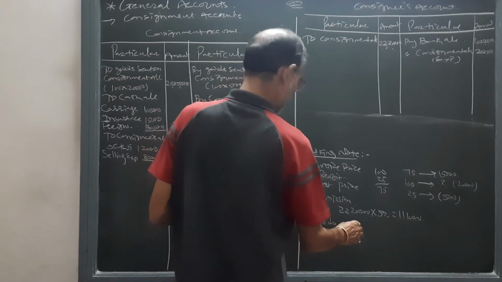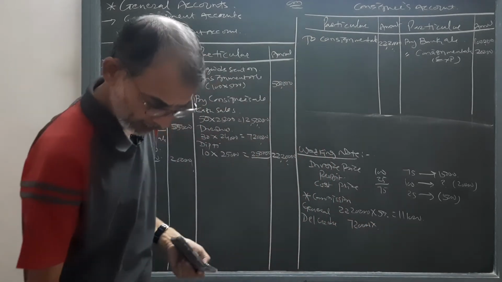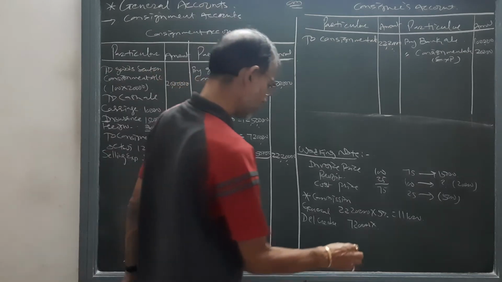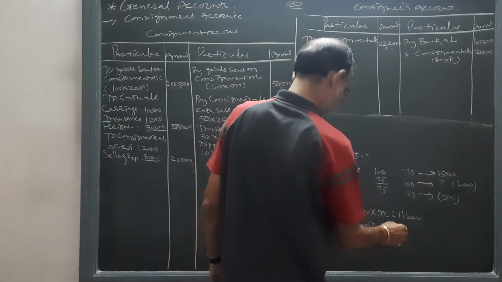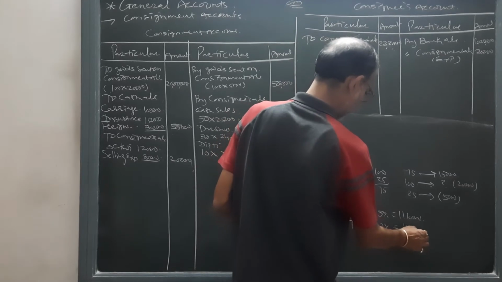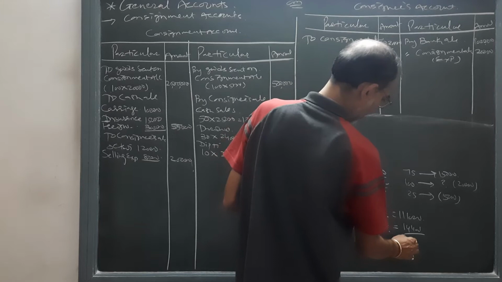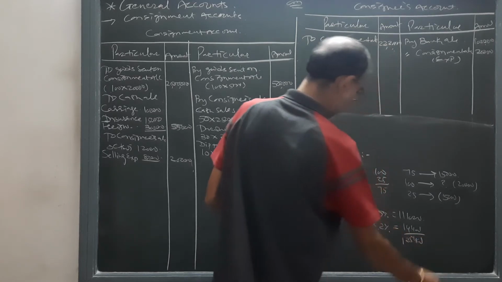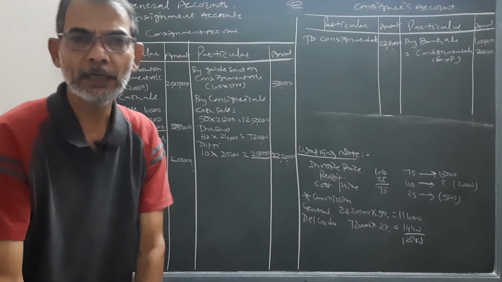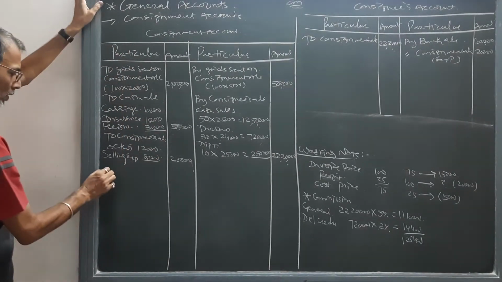Sale to Darshan is 7 lakh 20,000 and commission on that is 2%. So 14,400. Total will be 1,25,400. First entry of that will be written on the debit side of the consignment account and second on the credit side of the consignee's account.